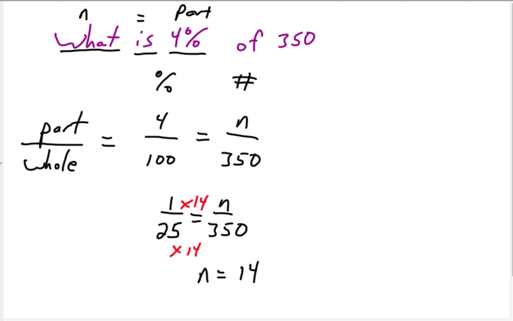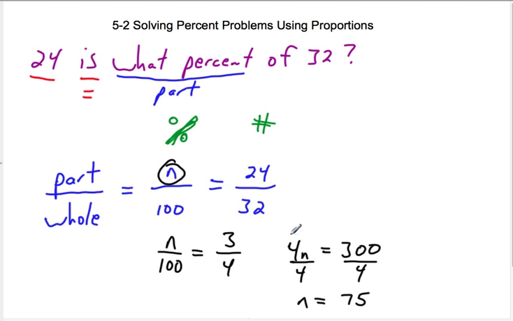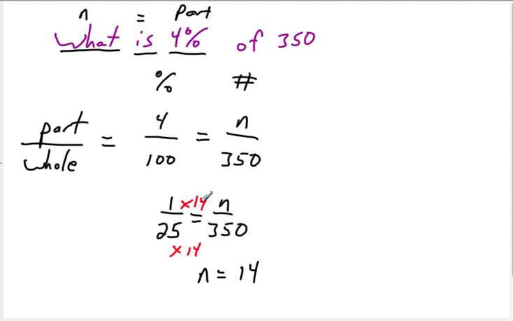So you have to have this technique down just in case. But when possible, this is a faster way to do it. Also, you don't answer as n equals 14 because there's no mention of n in this problem. What is 4% of 350? The answer, 14 is 4% of 350.